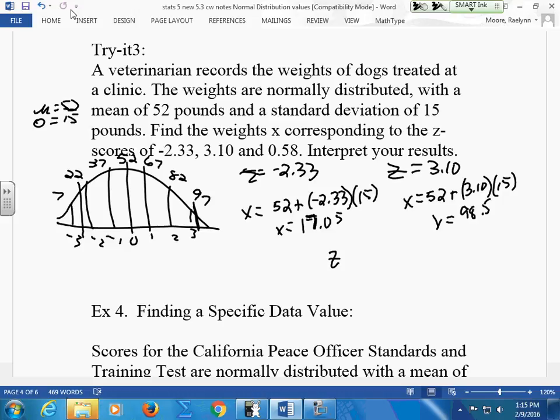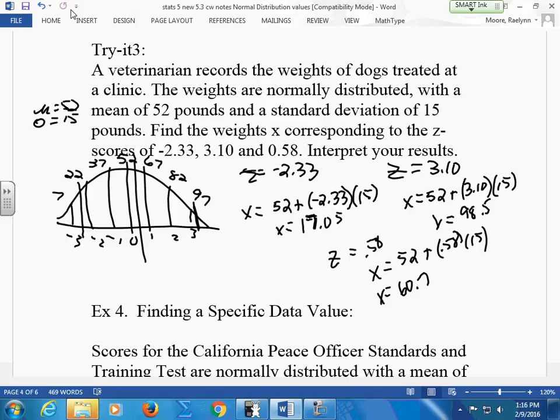And when my z-score is 0.58, I am somewhere in here between 52 and 67. Maybe like 61, 62. 60.7? Sounds good to me. 52 plus 0.58 times 15.